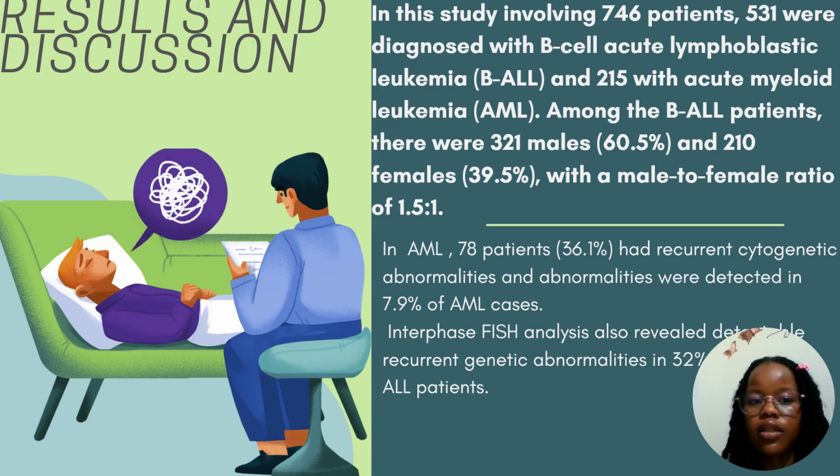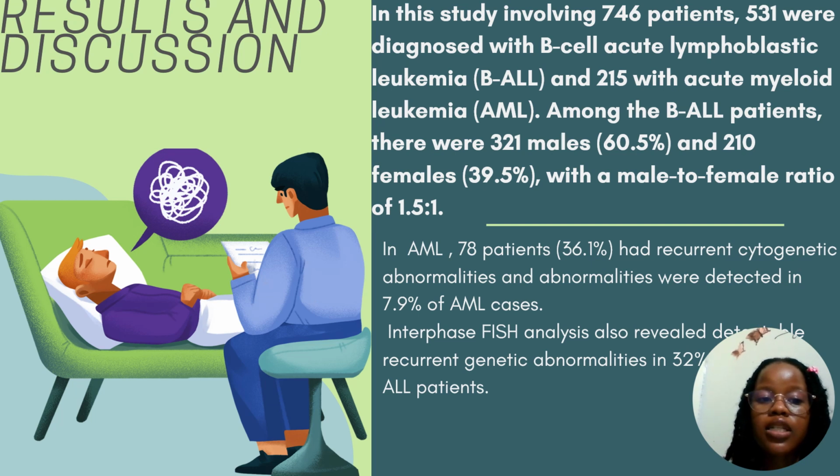Results and discussion. There were many findings in the study. Of the 746 patients, 531 were diagnosed with B-cell acute lymphoblastic leukemia, BL, and 215 with acute myeloid leukemia, AML. And among the BL patients, there were 321 males and 210 females, with a male to female ratio of 1.5:1, implying that males had a higher result than the females.